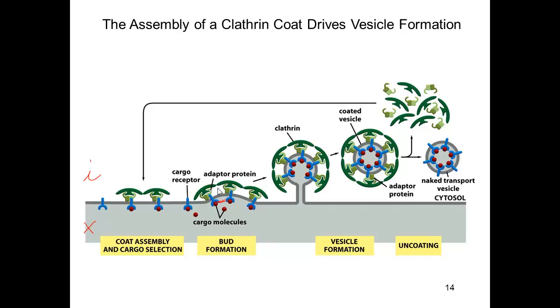And you see, because of the dimensions, they're wider on the outside than they are on the inside. For them to be close packed, that's going to naturally create a curvature to the membrane, which will then proceed into the stalk-like structure, which will then get pinched off.